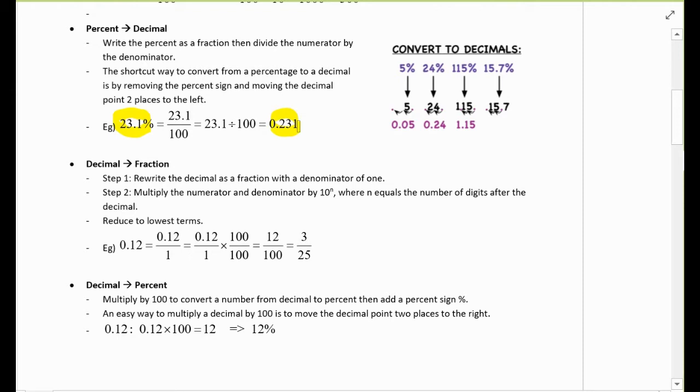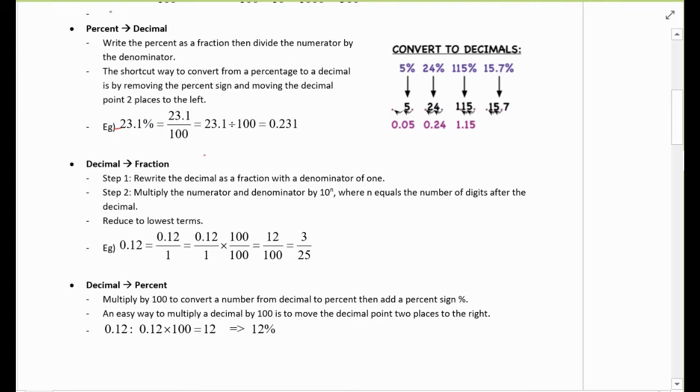0.231. If you want to use a faster way, a shortcut for converting a percent to a decimal, you simply get rid of the percent sign and move 2 decimal places to the left. Then it becomes 0.231, right?